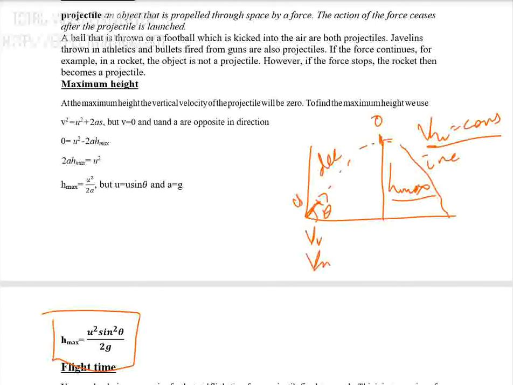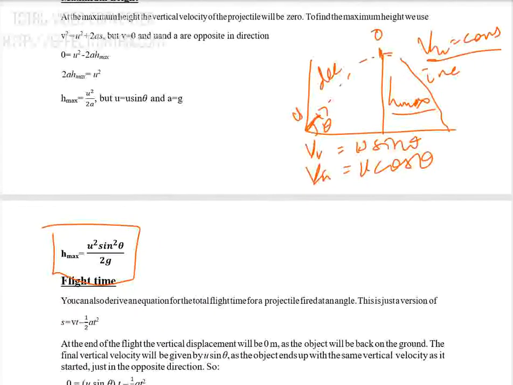V vertical is what? U times sine theta, and the horizontal velocity is u times what? Cos theta. Therefore, the initial velocity which we use in the projectile motion is u. That means it's not the vertical one.